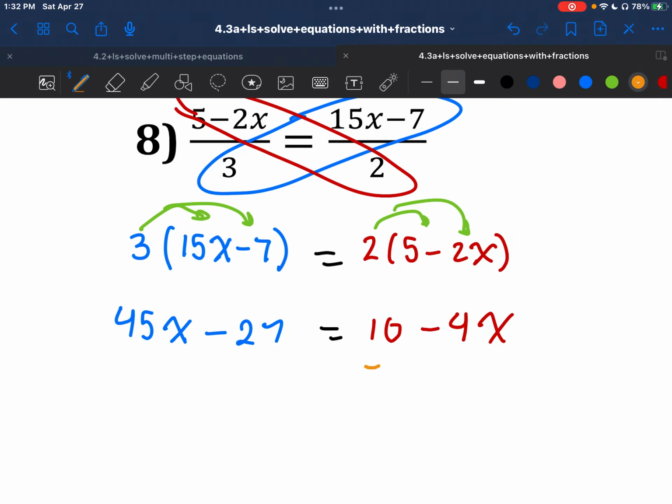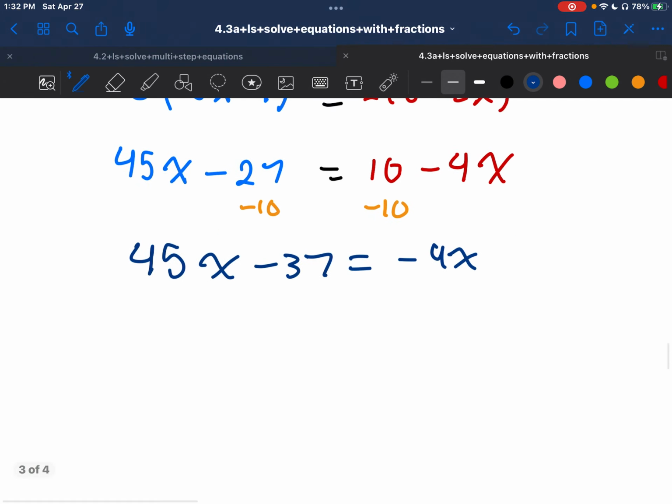Once we get to this stage, it's pretty good. I'm just gonna switch doing it all blue because I'm kind of sick of switching between colors. Then we can plus 21. Nope.